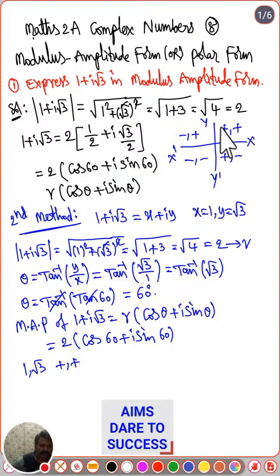So according to this concept, here x and y both are positive, that is 1 comma root 3, which lies in quadrant 1, the first quadrant. That's why theta value is 60 degrees. If you use this concept or that concept, we will get the same answer. So which method is easy for you? You can follow that method.